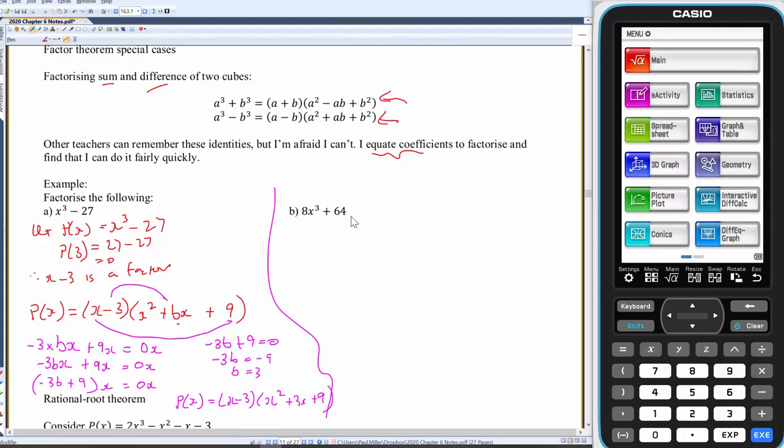What we're going to do with this one is yank 8 out, let p of x equal 8x cubed plus 64 plus 8. So I've just pulled 8 out as a common factor and given the function a name, p of x.